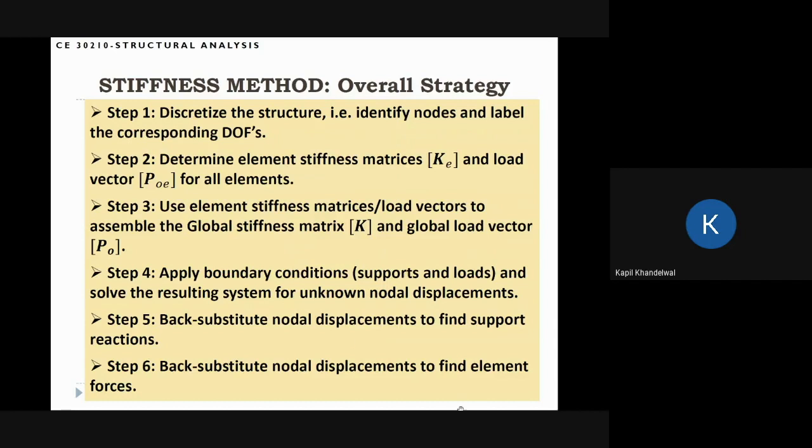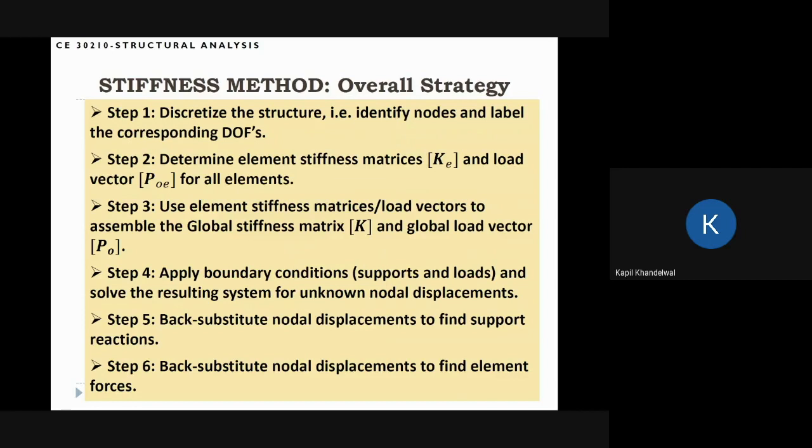The next step, after we do the discretization, is to determine the element stiffness matrices and the load vector POE for a single element. The element stiffness matrix depends on the kind of element, and the POE vector for a single element depends on whether there are some additional effects, for example traction, fabrication error, or anything else that is acting on an element.